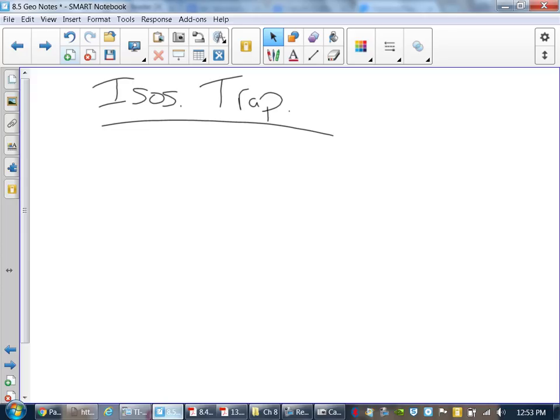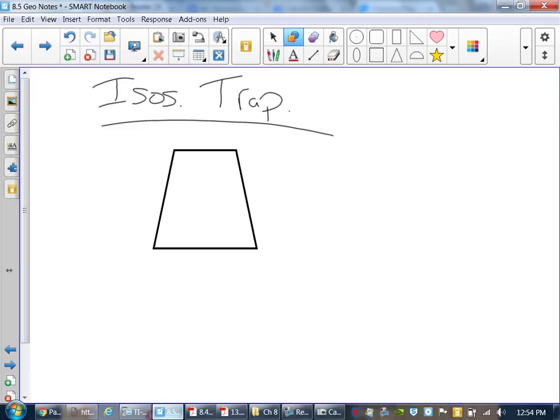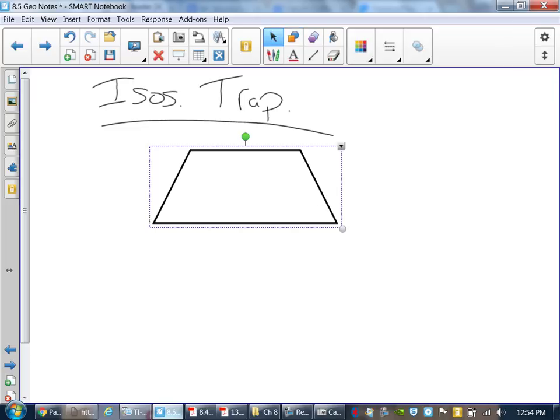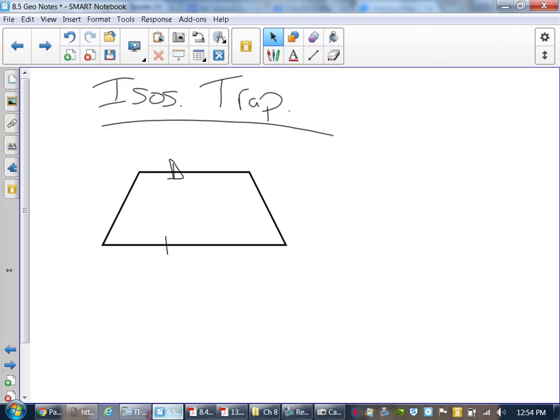on an isosceles triangle, what do you know? Two sides are the same, which gives you what? Two angles that are the same. So with an isosceles trapezoid, you still have one set of opposite sides that are parallel. The non-parallel sides are congruent.